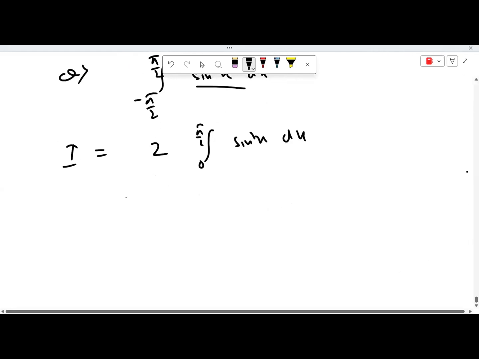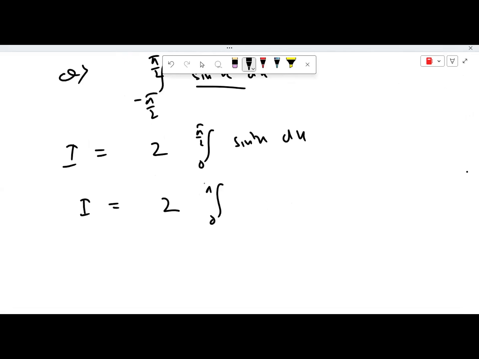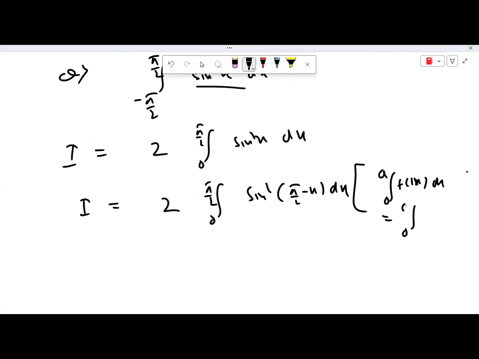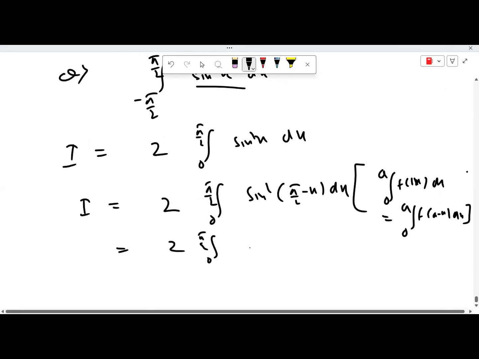And if this is I, then you can write I equals 2 times 0 to pi by 2 sine square of pi by 2 minus x dx. You can use the property that 0 to a f of x dx is 0 to a f of a minus x dx, right? This property we can use. So this is 2 times 0 to pi by 2 cos square x dx.